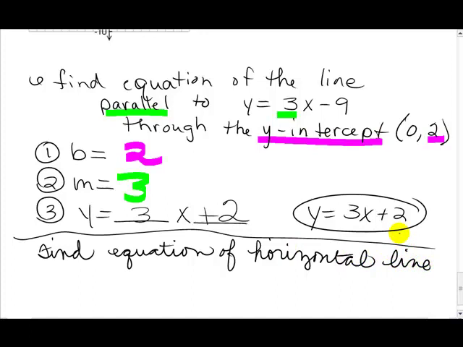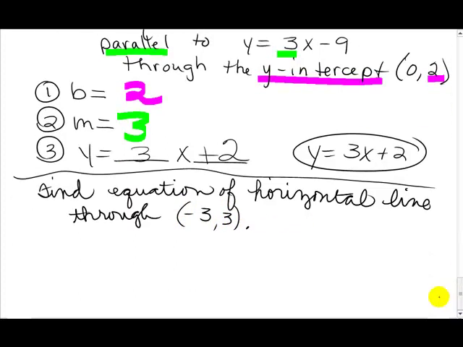Find the equation of a horizontal line through (-3, 3). Okay, so these are some of the more difficult ones that are in this section of homework.